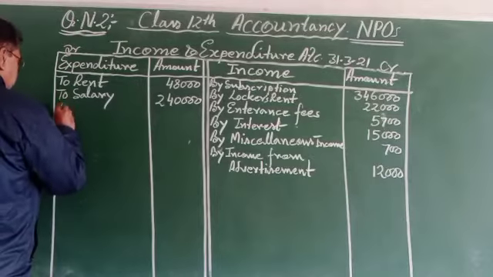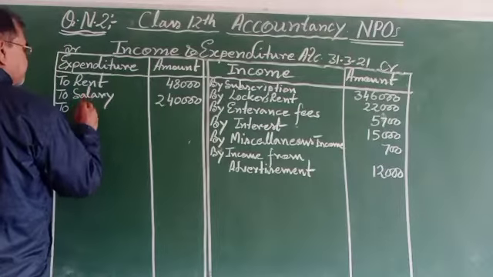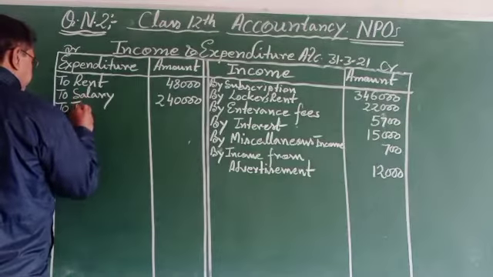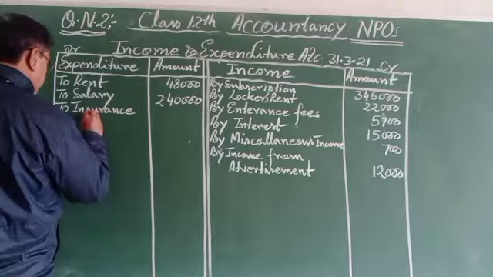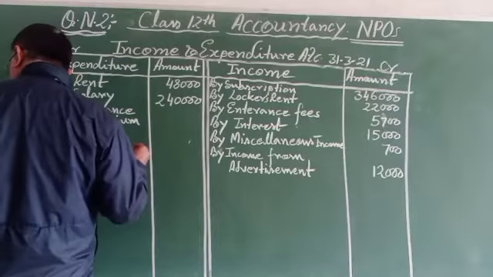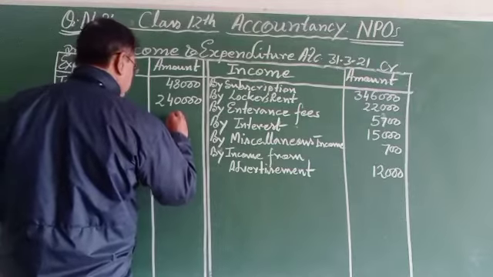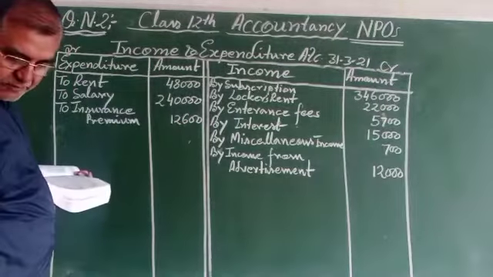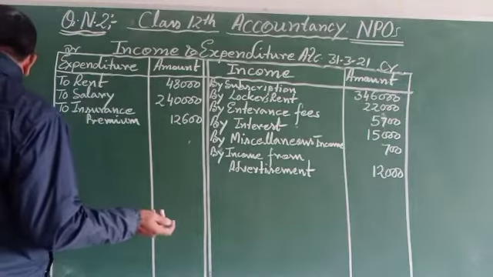This is revenue-nature expenditure recorded in the expenditure column, to insurance premium, 12,600. The next one given is telephone charges.